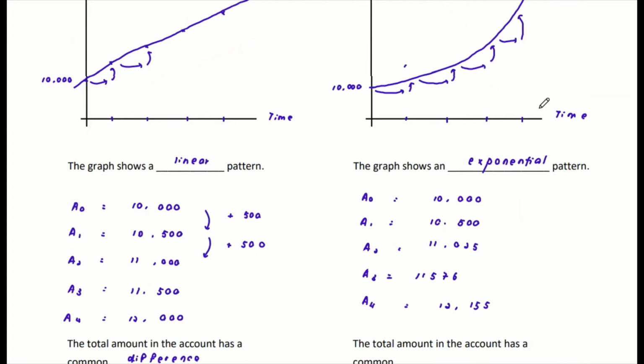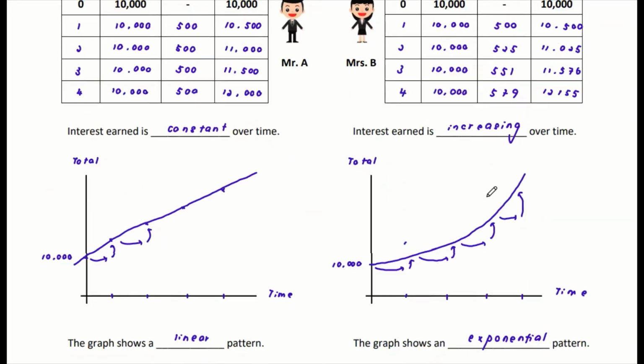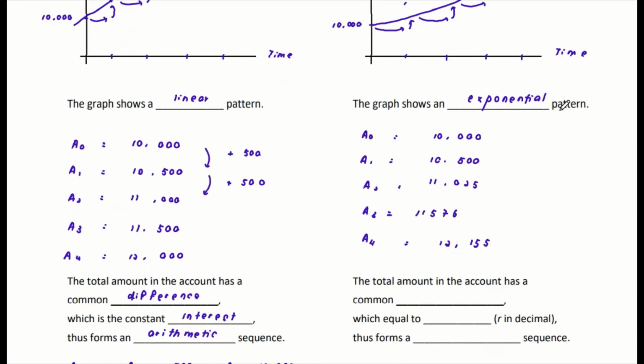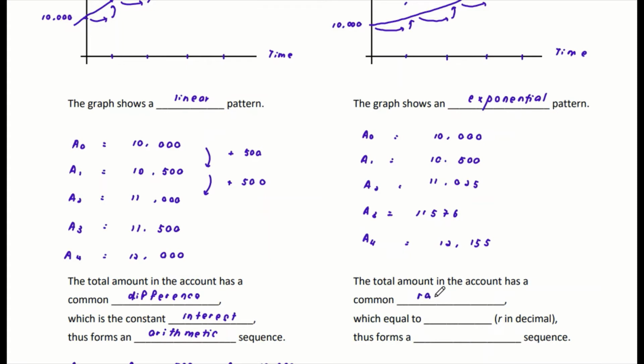But what you can realize here is that they have a common ratio, because you are getting all these values by multiplying by 1.05, multiplying by 1.05. And the 1.05 is the result of the initial value plus the interest rate. So the total amount in the account has a common ratio. You can try it out with your calculator.